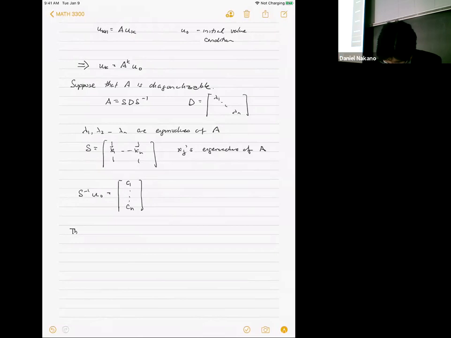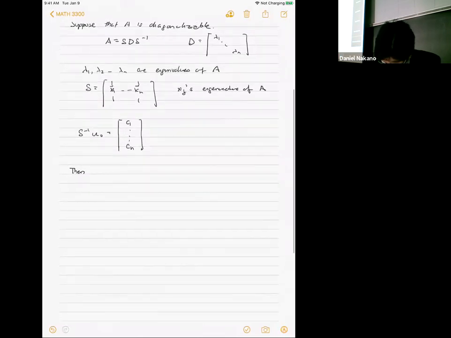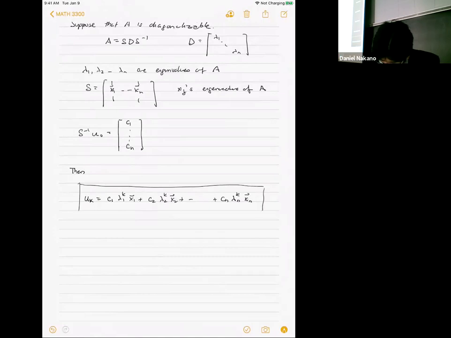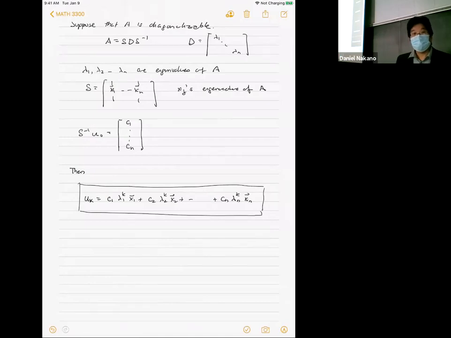So the conclusion is that u_k equals c1 lambda 1 to the k times x1, plus c2 lambda 2 to the k times x2, plus c_n lambda n to the k times x_n. That gives us a solution of the difference equation relative to the eigenvectors and eigenvalues.